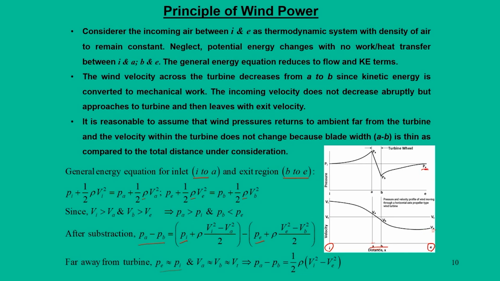Since there are no wake effects, we can assume that Pe is approximately equal to Pi, and Va and Vb are also approximately equal, which is nothing but your turbine velocity. That happens at the location at which the wind turbine or wind machine is installed. With these assumptions, we get an expression for the pressure difference between A and B, Pa minus Pb, which becomes half rho times Vi square minus Ve square.